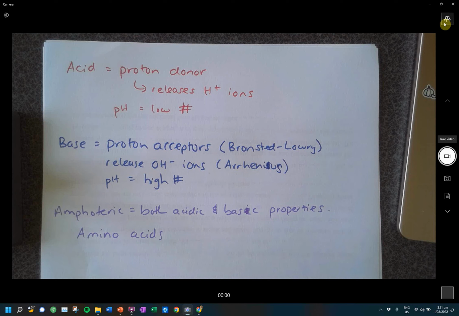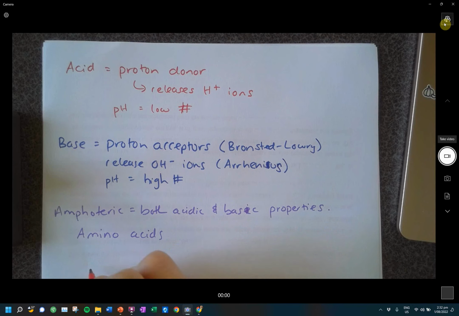All right, let me just write out reactions for you guys to see. So the other thing that we need to think about when we're thinking about acids and bases is also neutralization and things like that. So I'm just trying to think of an example of one that I like.